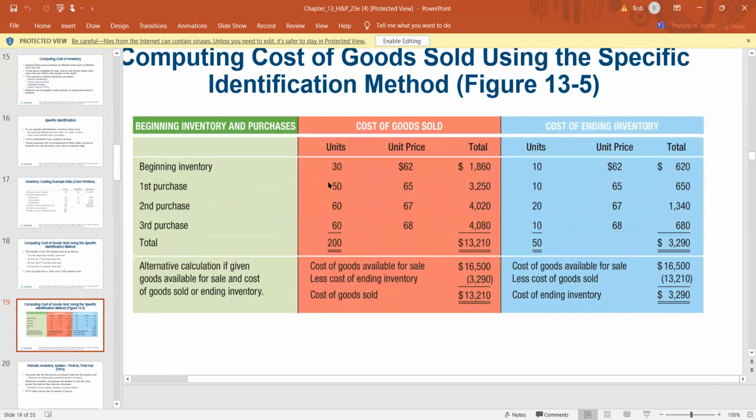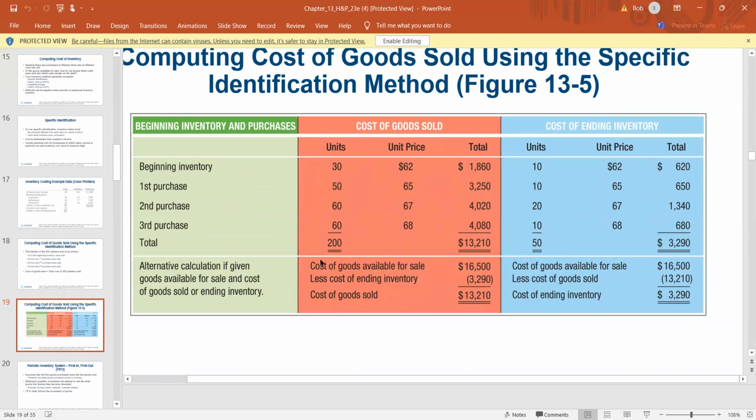Beginning inventory was 30, and then we had the extra purchases, and we came down to here. And what they're saying is we had 30, and we sold 20 out of that. So we sold 10 out of that. So that becomes the cost of goods sold.